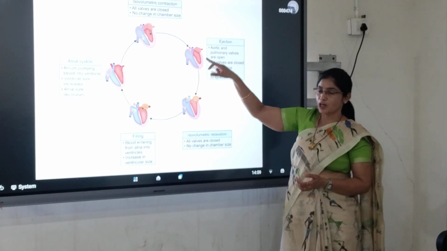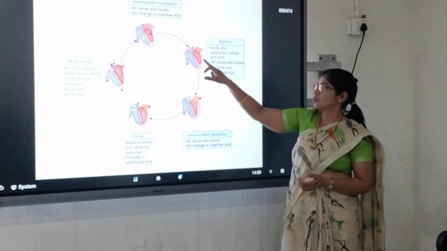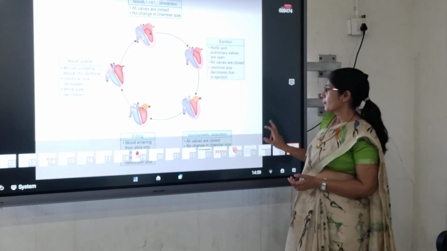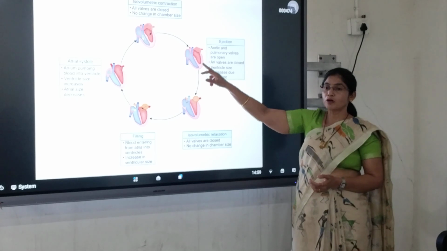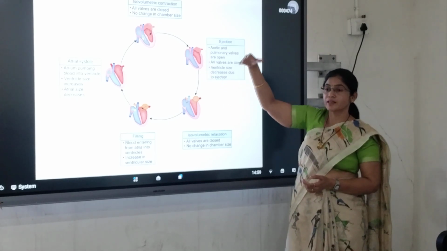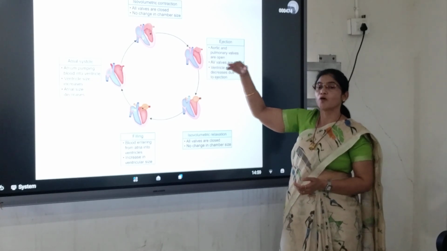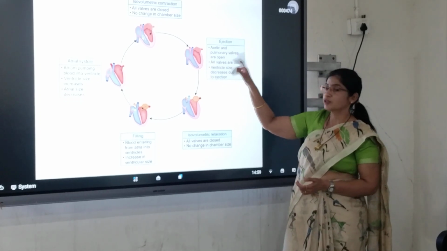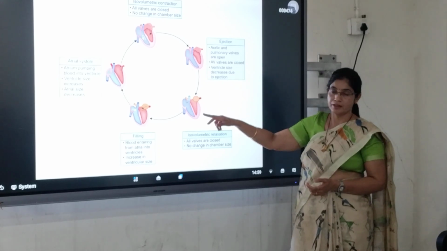When the blood comes from the atria, at end diastole the volume in the ventricle is about 130 ml. Out of that 130 ml, most of the blood will get ejected into the aorta. About 70 ml of blood gets ejected, and the remaining blood is present in the ventricles.